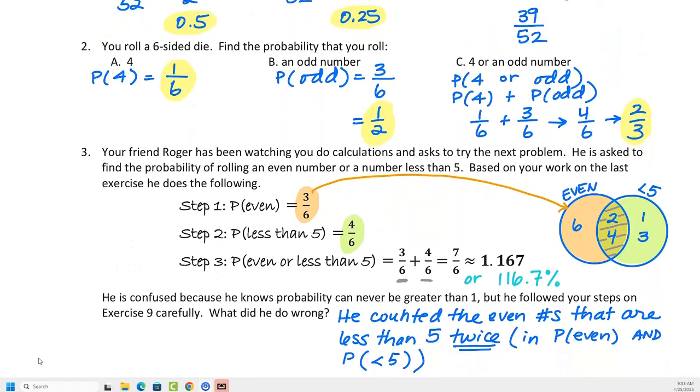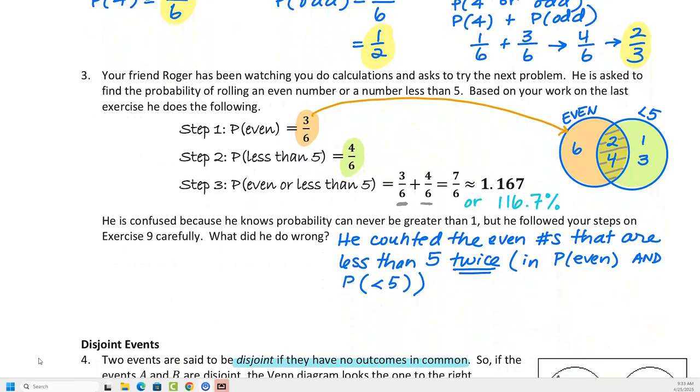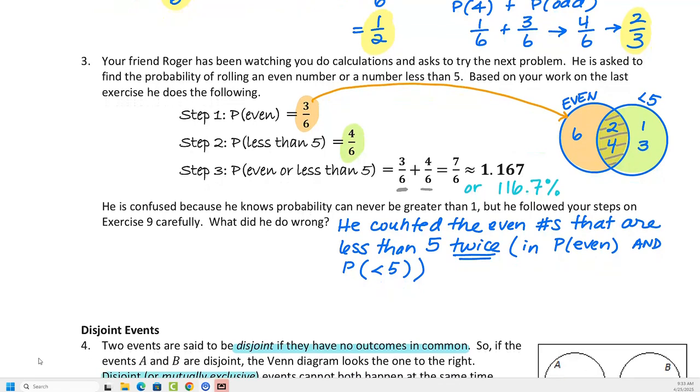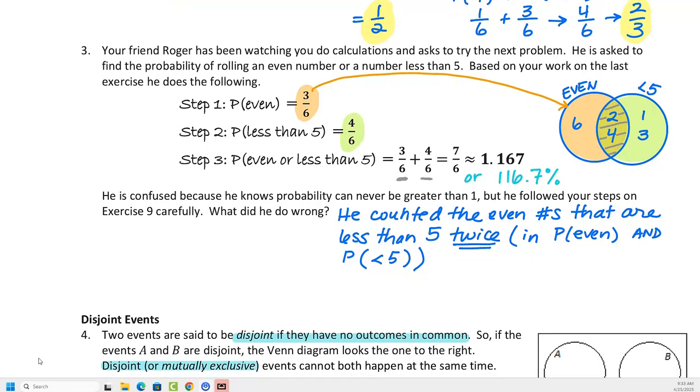So notice that in the third one, we had numbers in this section right in here that overlapped in both sets. They weren't disjoint sets, okay? Not disjoint events. And so therefore, we got over 100%.